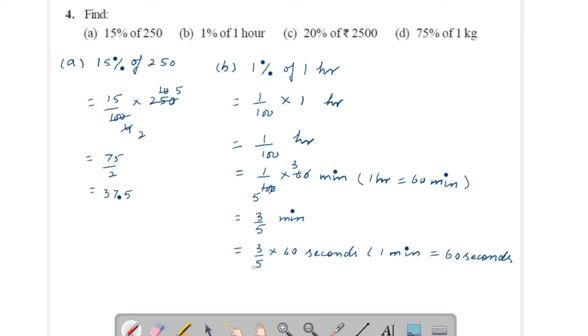Here you can cancel it. 5 1. Here 12. 12 into 3. It is 36 seconds.